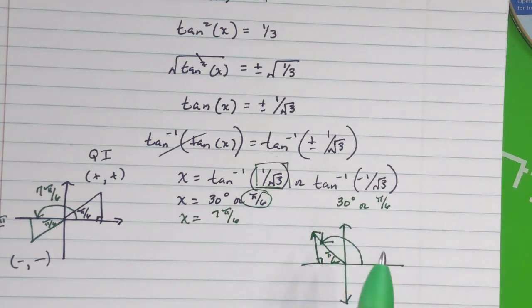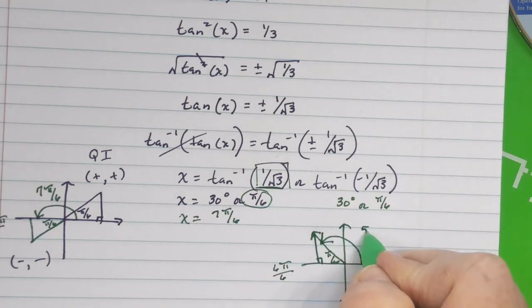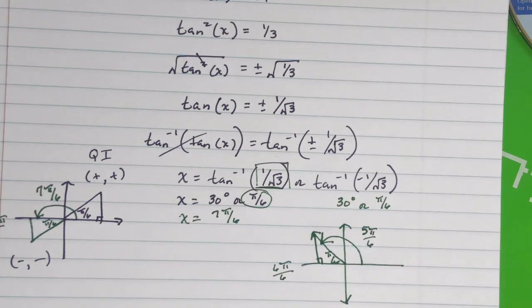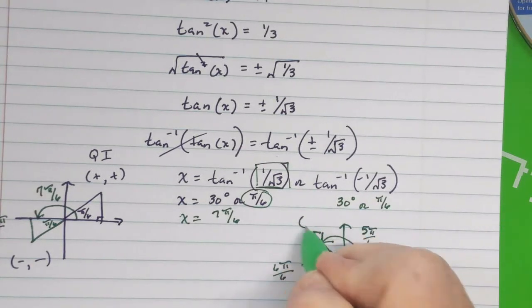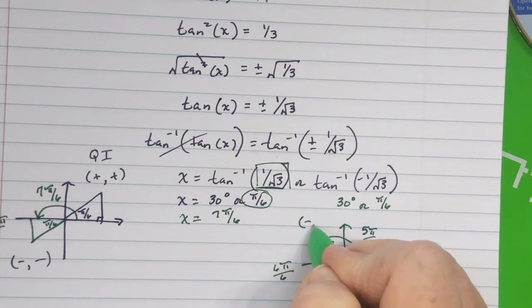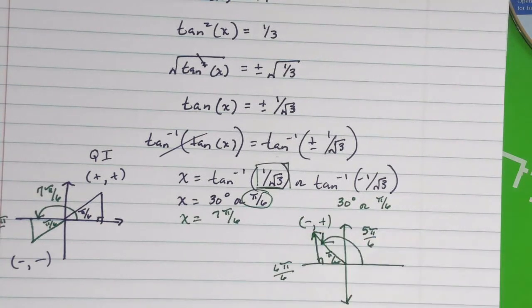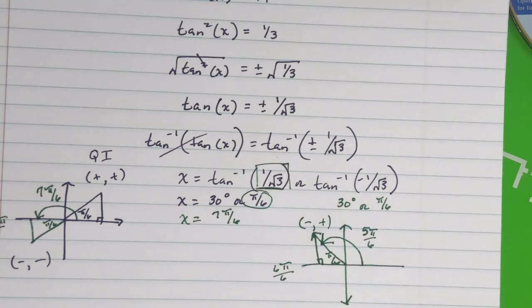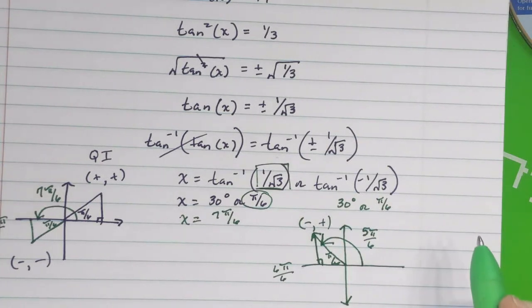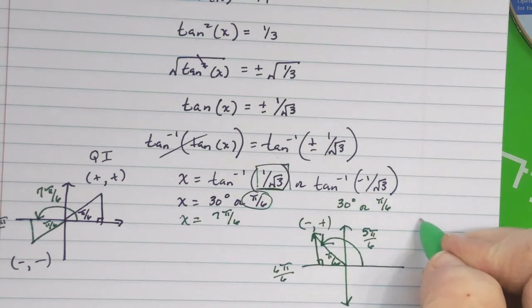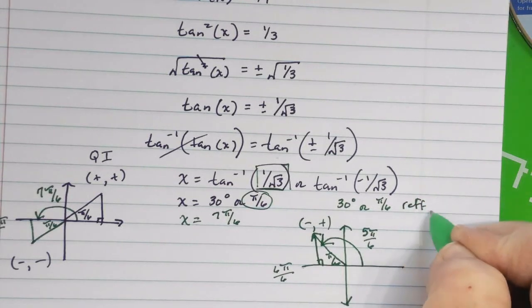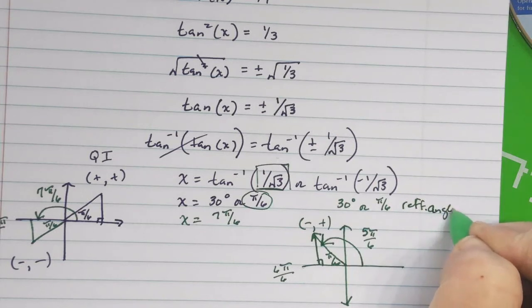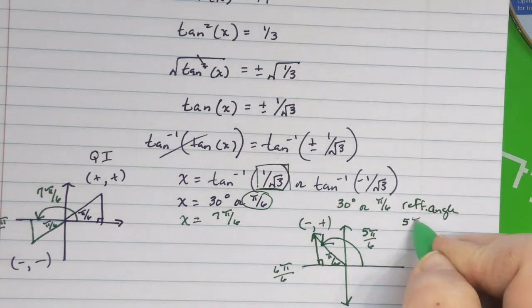Here is pi, which is 6 over 6, but we want 1 short, so it's going to be 5 pi over 6. And this is negative because it's y over x, and one's positive, one's negative. That's one answer. Let me make a note that this is the reference angle. Our negative is going to be 5 pi over 6.